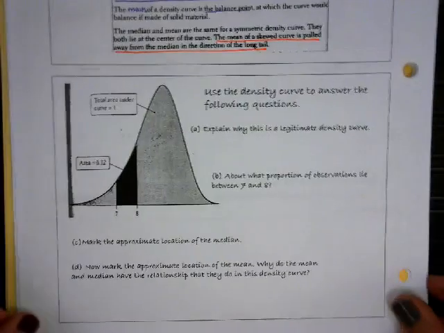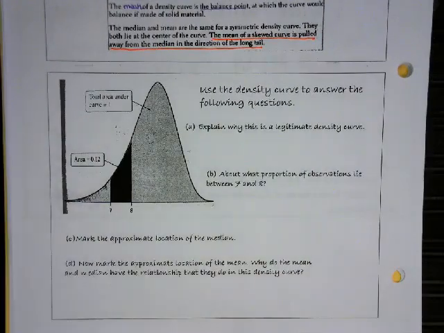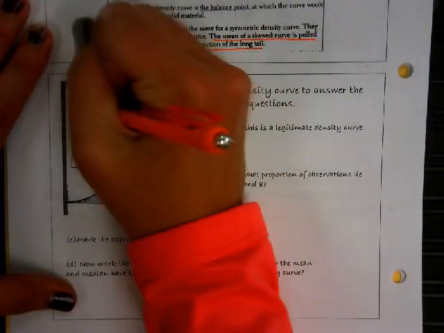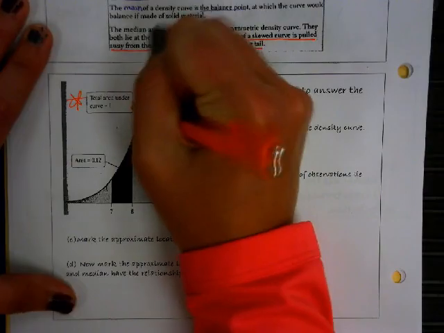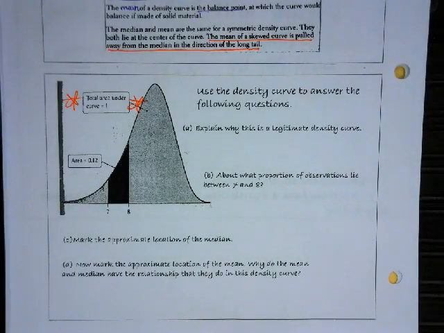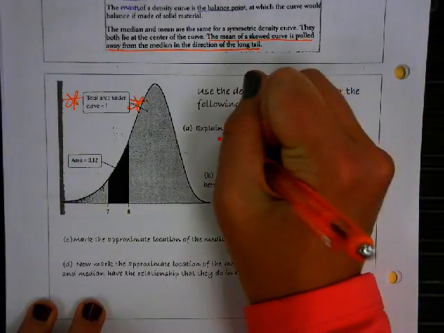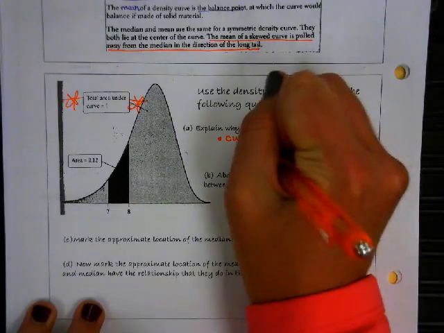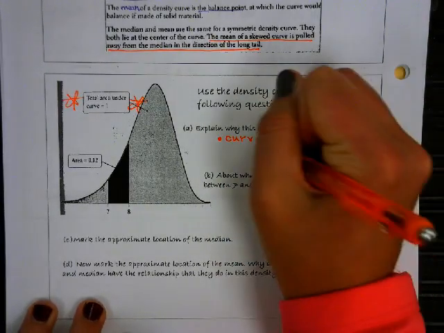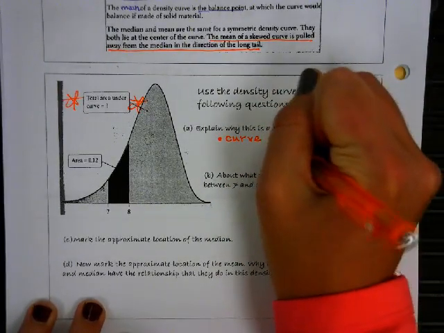So if you look, it tells us right here that the total area under the curve is 1. So we met that part of the definition. Curve area equals 1.